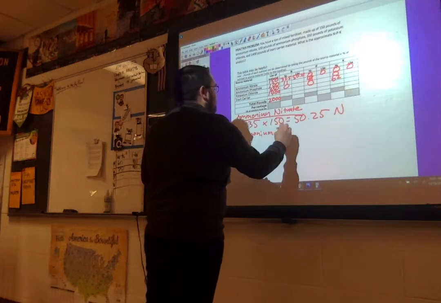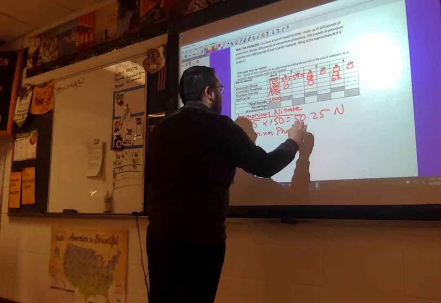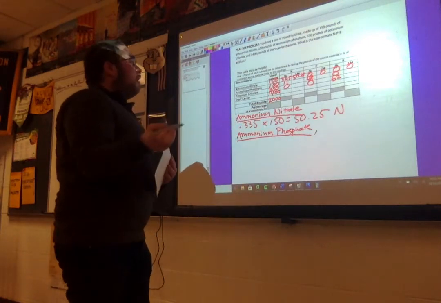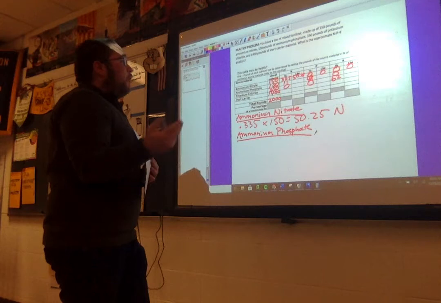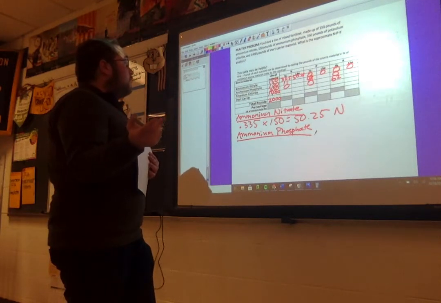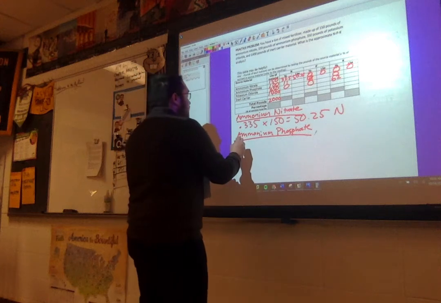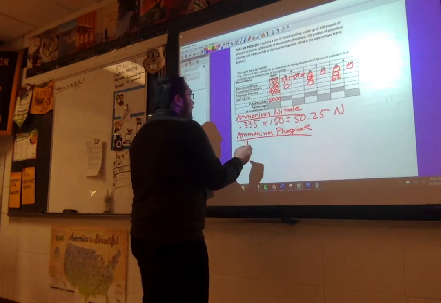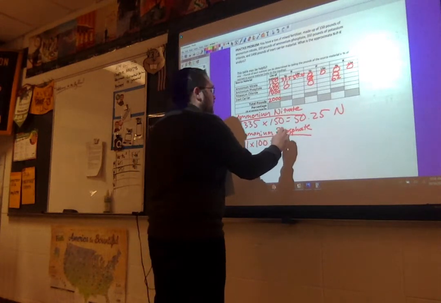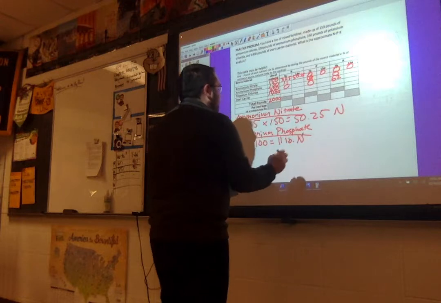phosphate. Okay? That is 11% nitrogen, 48% phosphorus, and 0% potassium. Okay? So we're going to take, just like the last problem, 0.11, because it's 11% nitrogen, times 100 to give us 11 pounds of nitrogen.